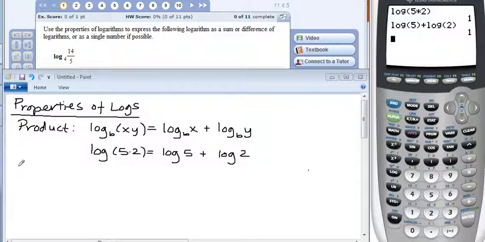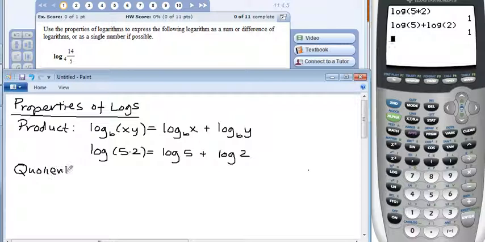All right, we also have a quotient property. It says the log base anything of a quotient of two things is equal to the log of that same base of x, the numerator, minus the log base b of y.